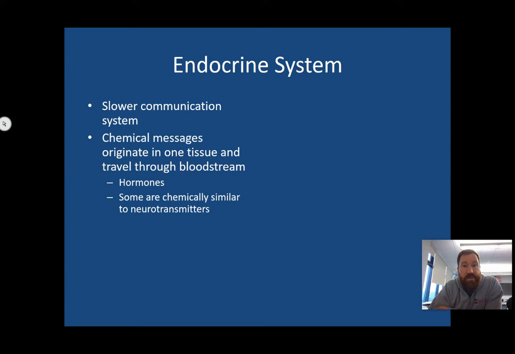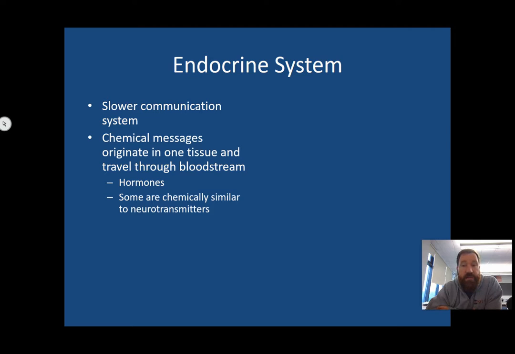And the chemical messages all start in a certain area. We have different glands that transmit different hormones through the bloodstream. So we have hormones like testosterone or insulin or adrenaline, growth hormones, the thyroid, those kinds of things.